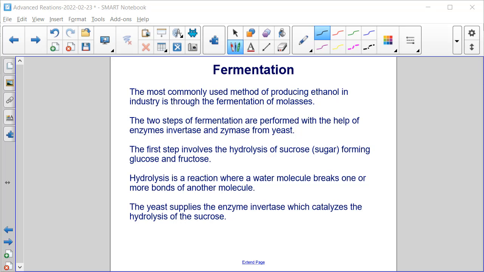The first step involves the hydrolysis of sucrose or sugar, forming glucose and fructose. Hydrolysis is a reaction where a water molecule breaks one or more bonds of another molecule. The yeast supplies the enzyme invertase, which catalyzes the hydrolysis of the sucrose.